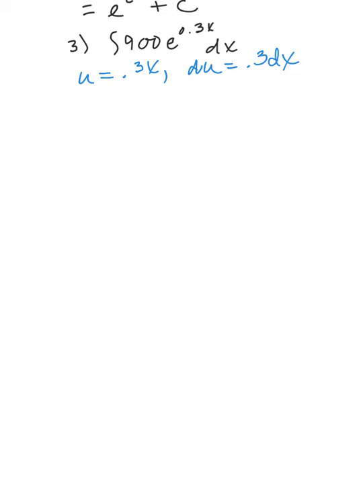When I look at my problem, I do not have a 0.3 in my problem. I have a 900. So like we learned before when we were doing substitution, when you have a number that doesn't work, it's not what you need, pull it all the way out front.